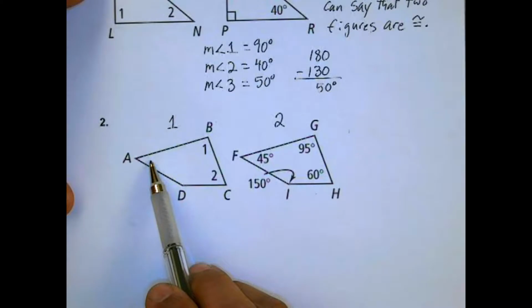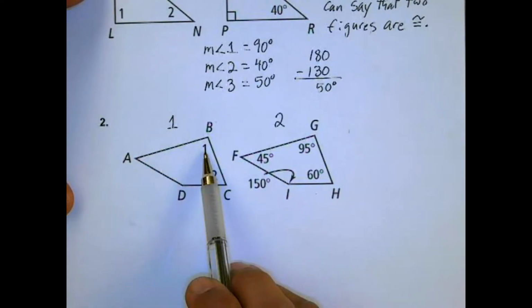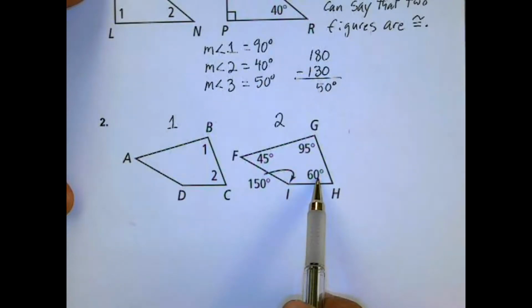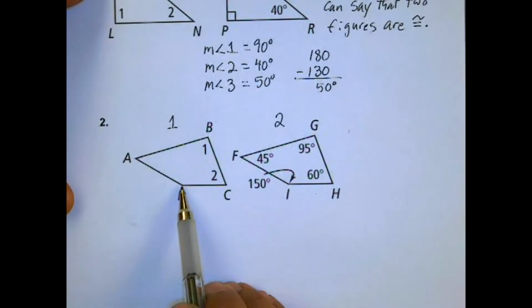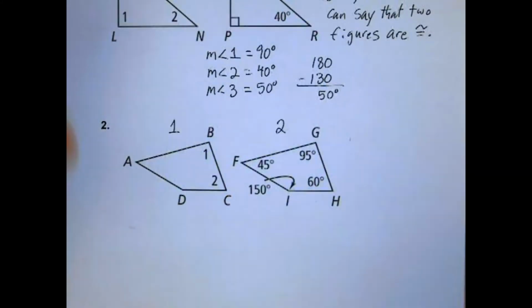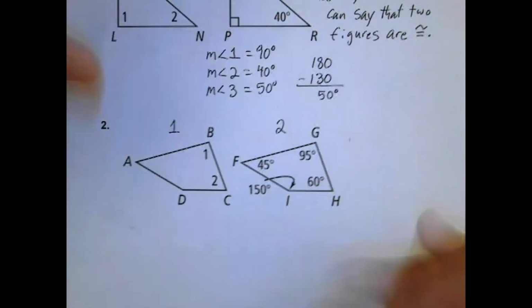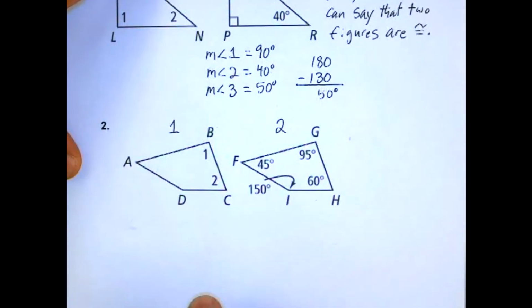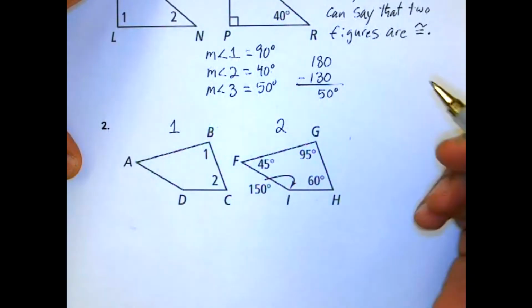So this angle is congruent to this angle. Angle number 1 is congruent to that angle. Angle number 2 is congruent to this angle. Okay? And angle D is congruent to angle I. This is what I like doing when I'm figuring this out: since we know that the polygons are congruent here, we should make a list.